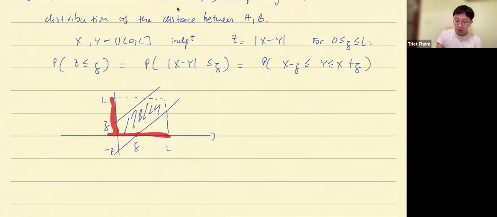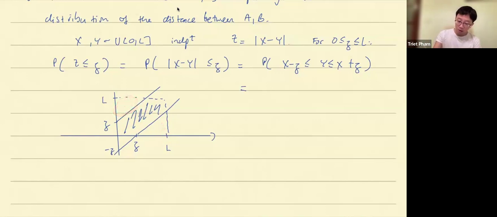We're pretty sure that this picture is the only picture, since Z only goes from 0 to L. So the area is 1 minus the relative area of these two triangles.